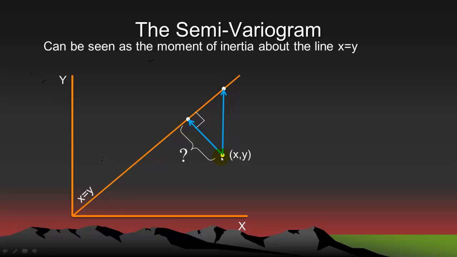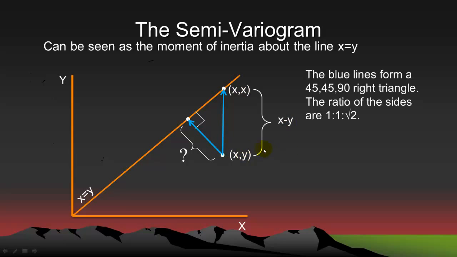Now, because we're parallel to the x-axis, the y-coordinate hasn't changed. And because that point is on the line x equals y, the other coordinate is equal as well, so this point has coordinates x, x. The distance between this point and this point, then, is simply x minus y.